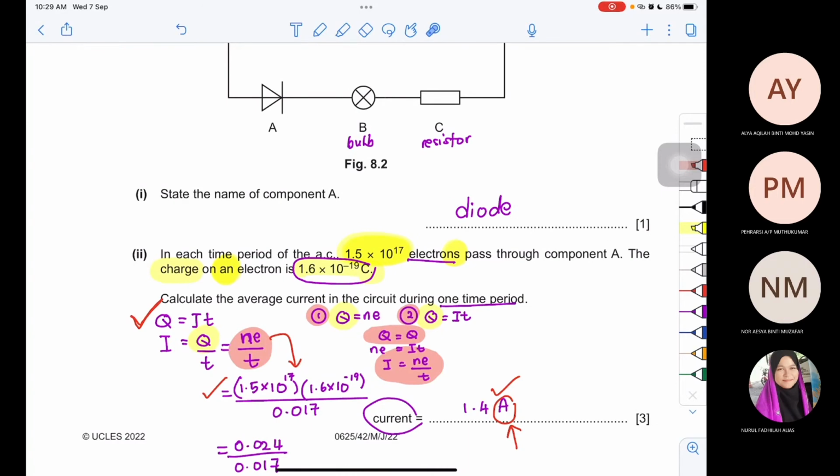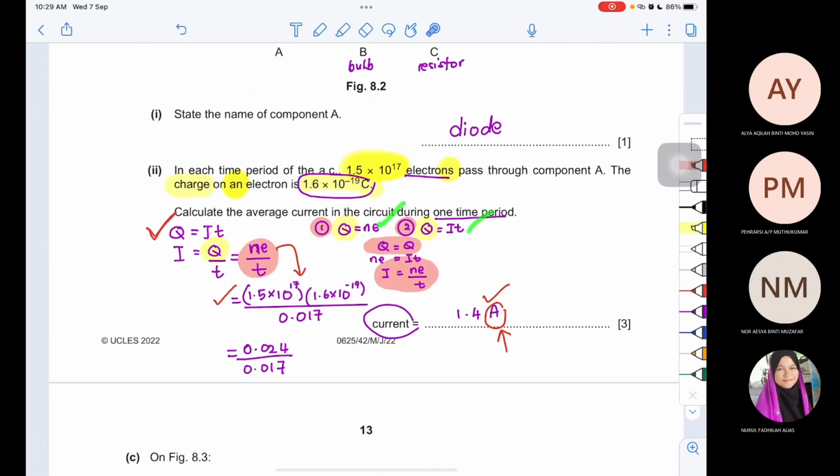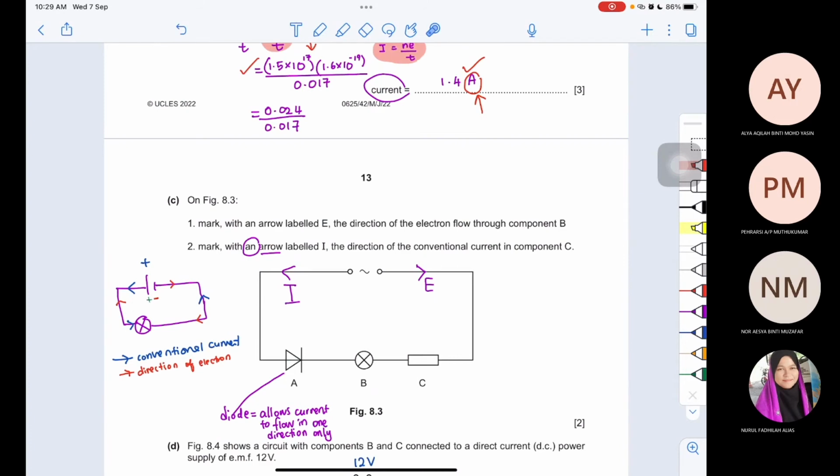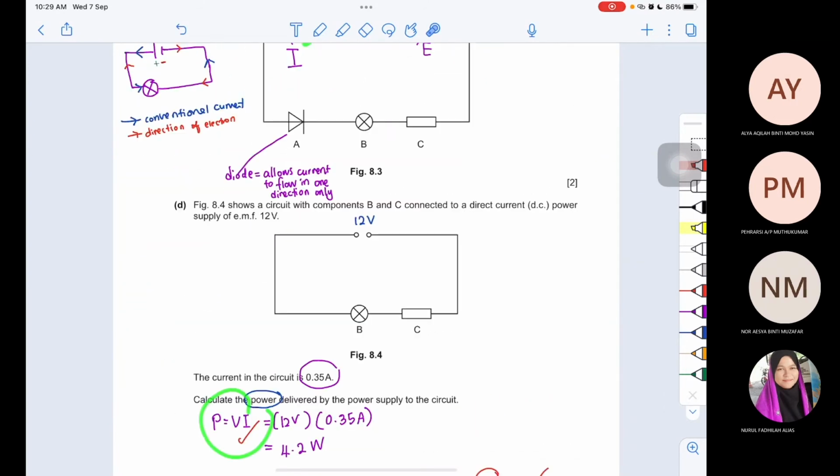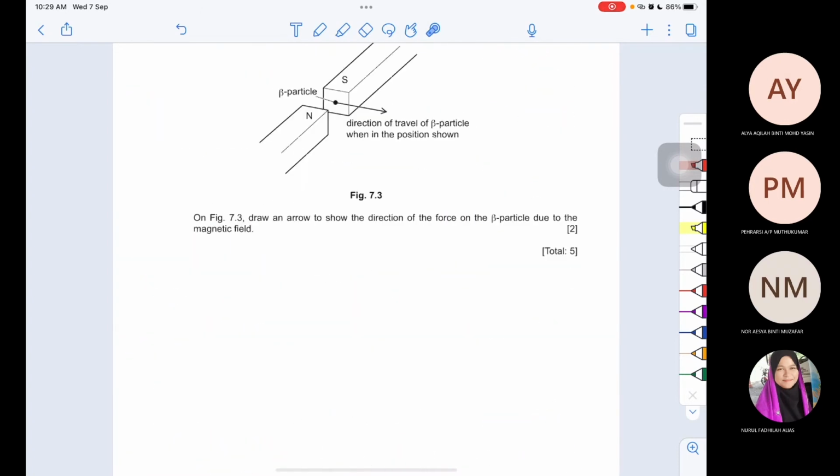You know diode, you know this formula. The others are okay, conventional current and the formula P equals VI. Okay, if there is no question, I will move on.